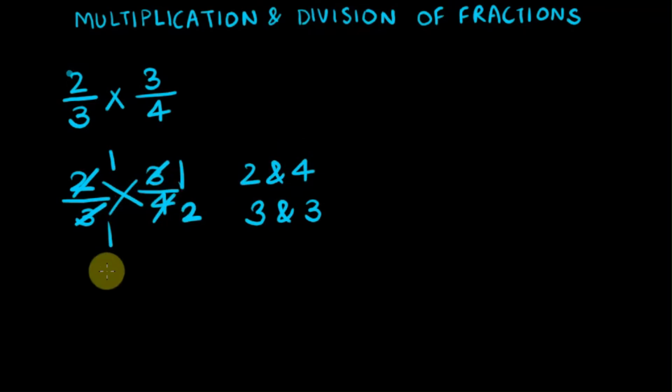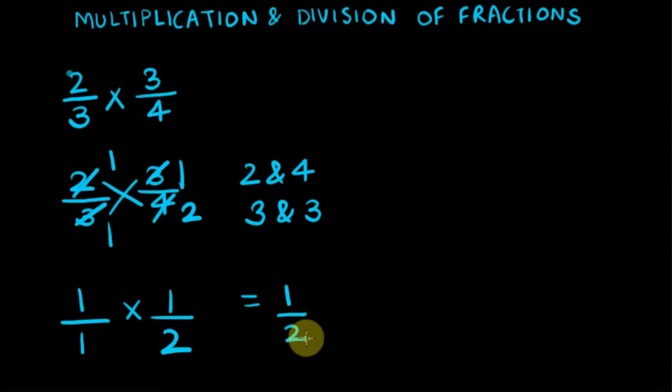What remains is 1 upon 1 into 1 upon 2. For the remainder of the sum, I'll simply multiply the numerators and the denominators. 1 into 1 is 1, and in the denominator 1 into 2 is 2. So now I've got the answer as 1 upon 2.